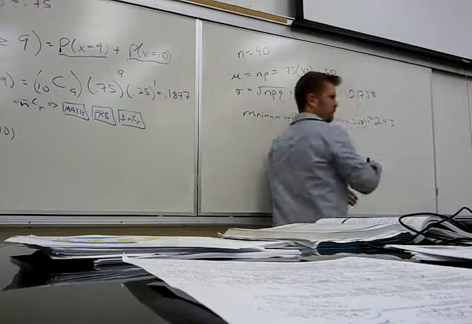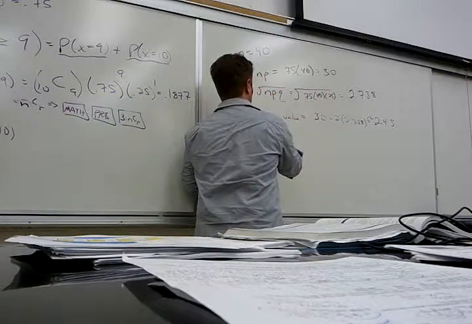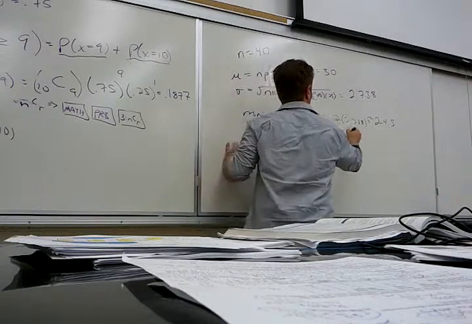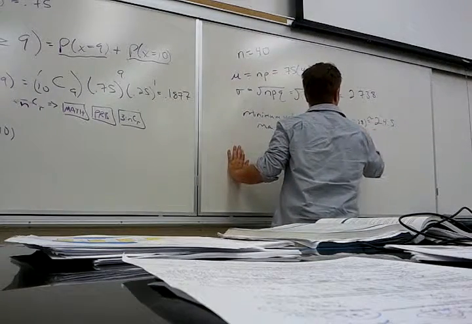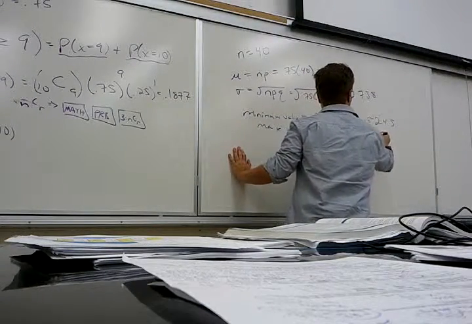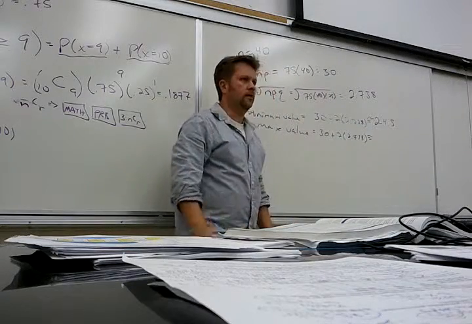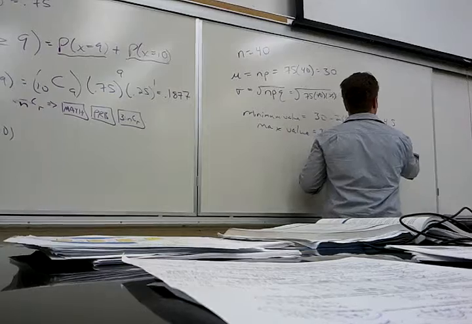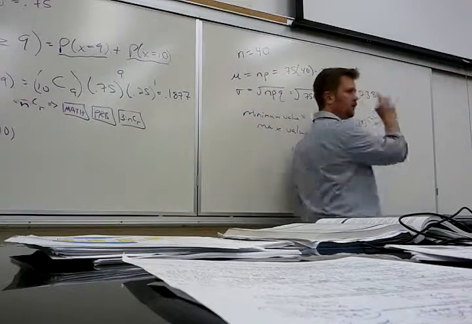So it's about 24 and a half. And then the maximum value, I'd expect 30 plus that. And that, of course, should be about 35 and a half roughly. 35.47. So really roughly, right?